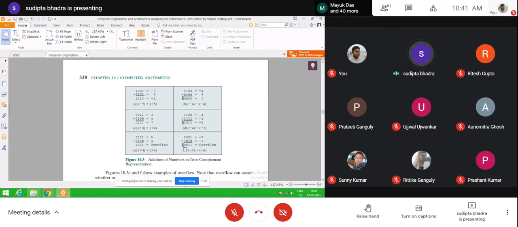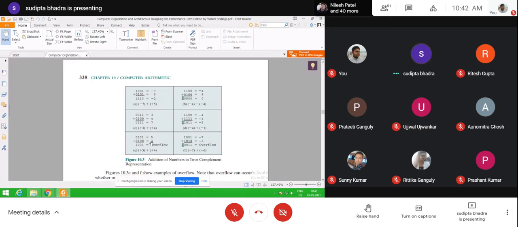So how can 4 bits represent -13? Minus 13 means more bits are required. Whenever a situation arises where more bits are required, that is an overflow condition.